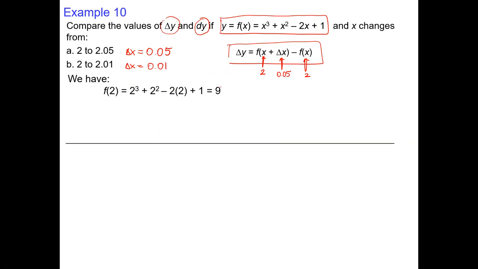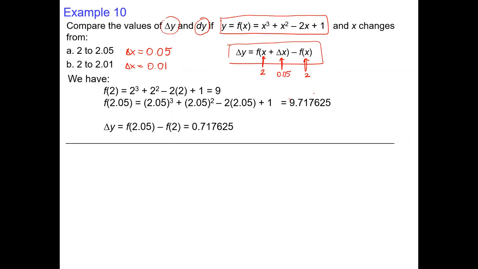It's not bad: 8 plus 4 minus 4 plus 1, no problem. But now I have to take the same function and substitute 2.05. I did use the calculator, but we can see it is complicated. Then we subtract these two values and get the difference, delta y. That is the real difference in the values.